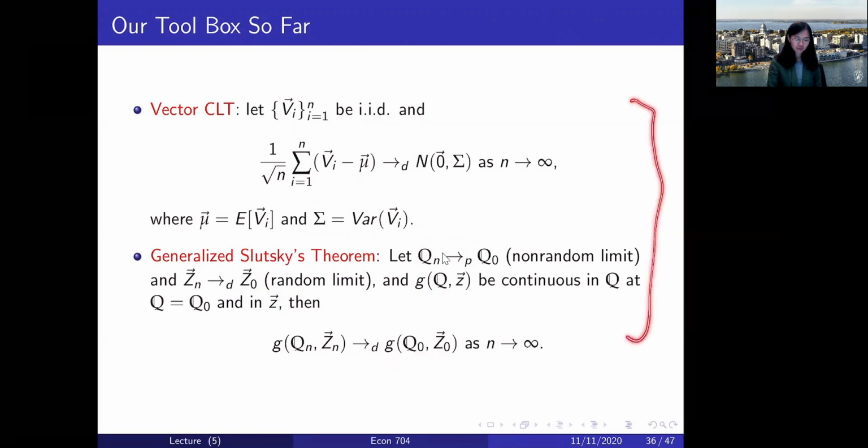And these two will be useful for deriving the asymptotic distribution of the OLS estimator.